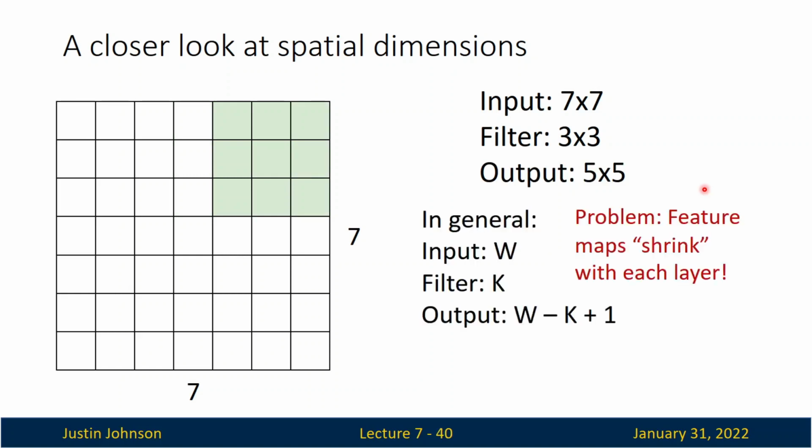Okay. So in general, we can calculate the output size as: if our input width is W, and the width of the filter is K, then the output is W minus K plus 1. So you can see if we just apply this without any padding, then the image size will shrink.